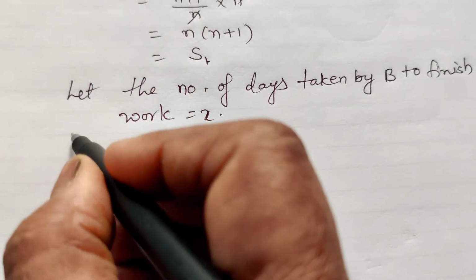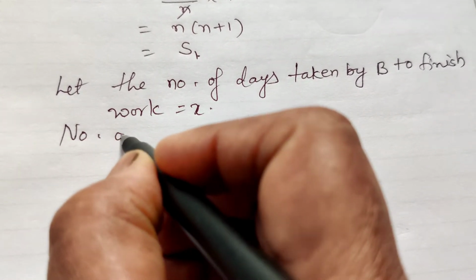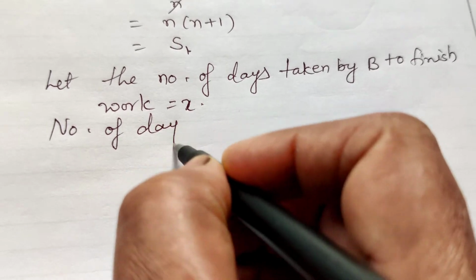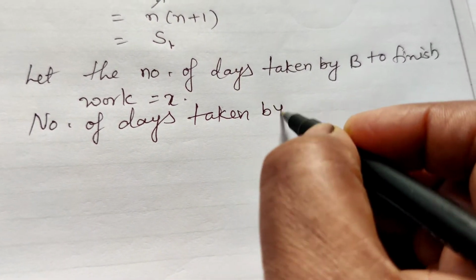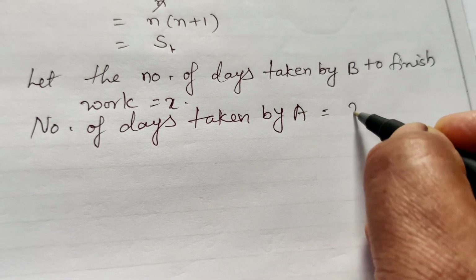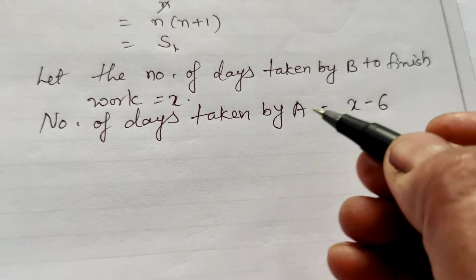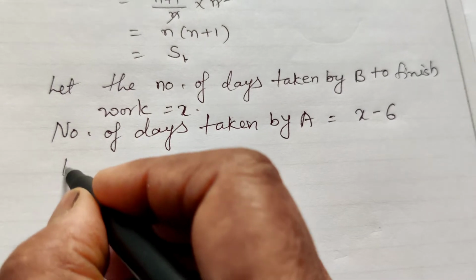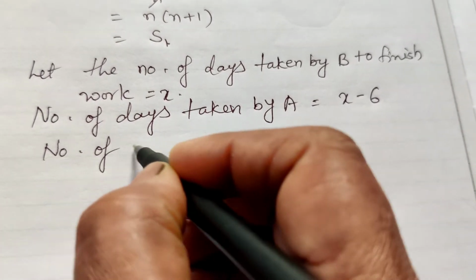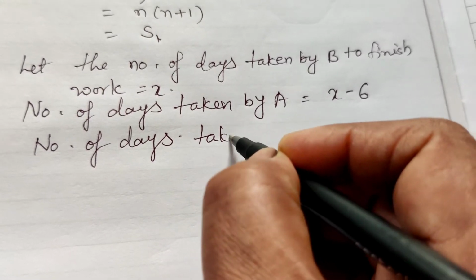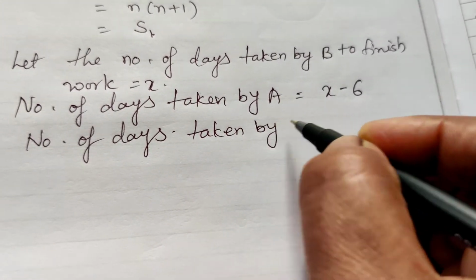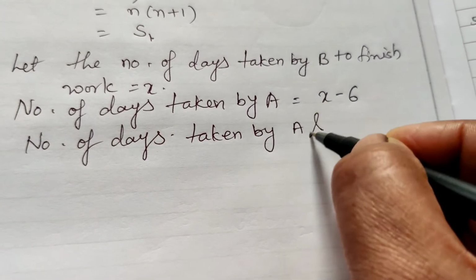Then the number of days taken by A to finish the work is x minus 6. Number of days taken by A and B together is equal to 4.